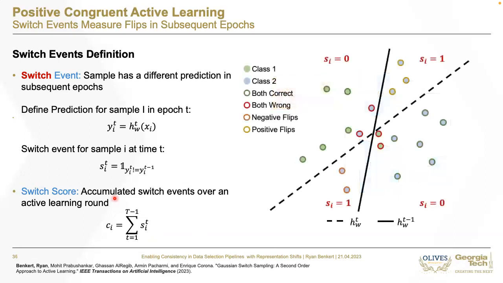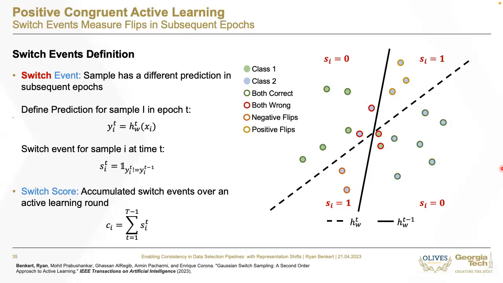So let me emphasize how this fits into regression. Using the same example I had earlier on, these switch events really quantify flips. They quantify the combination of both positive flips and negative flips, to be very precise.